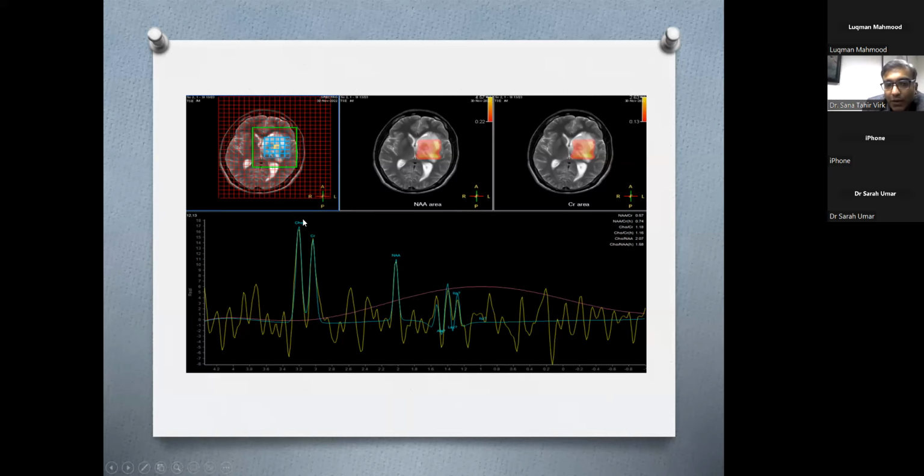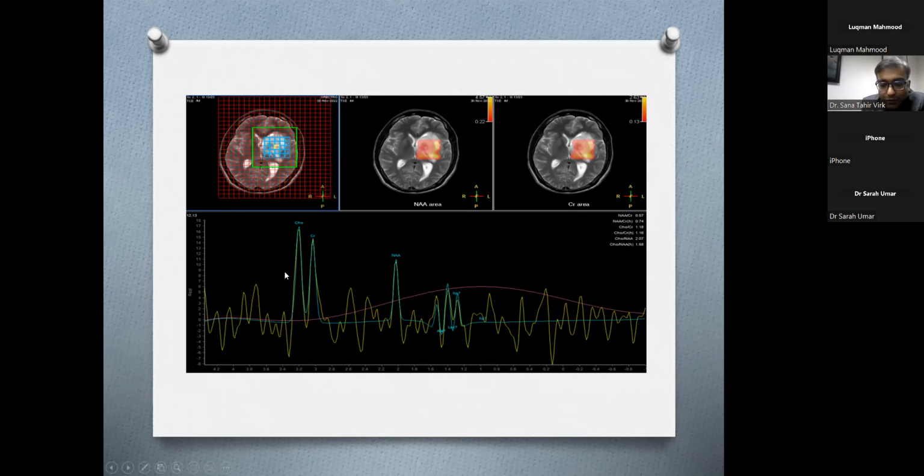Typically, the choline peak is seen in malignant lesions. Having said that, necrotic tissue also typically demonstrates the choline peak. As radiologists, I myself associate choline peak with a malignant process, but not all malignant diseases show a choline peak, and not all benign diseases have an absent choline peak.